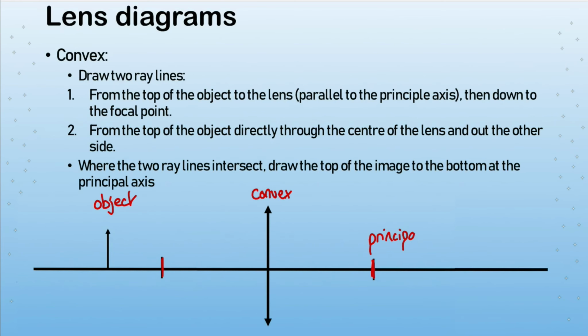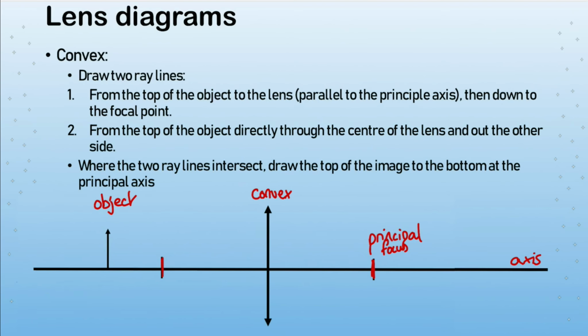Now, different lenses will have different focal lengths, if you like. If you know anything about cameras, they have different focal lengths, and this is the focal length. So the principal point of focus, and this is also the axis, the principal axis, which is running right through the middle of the lens.